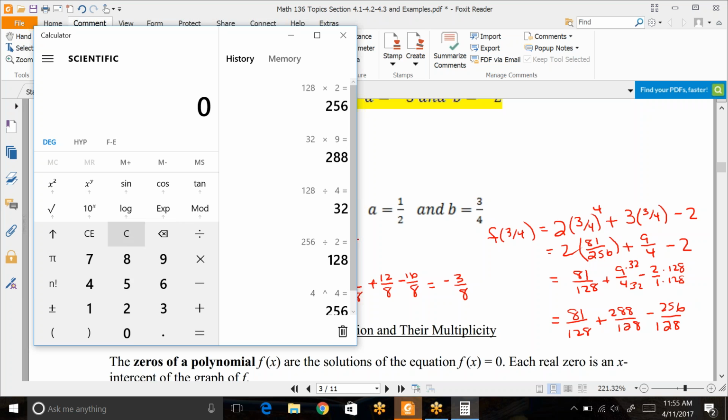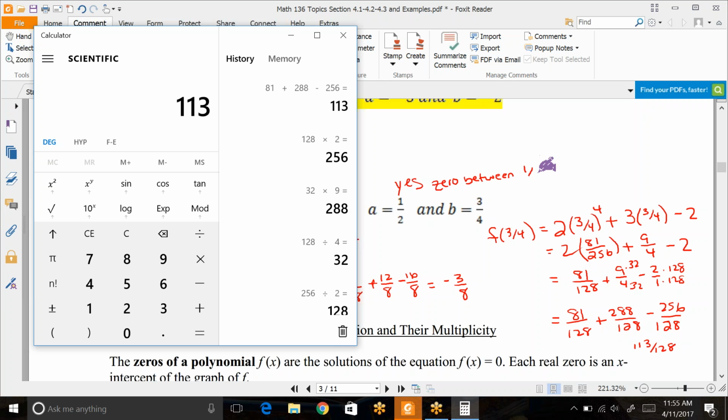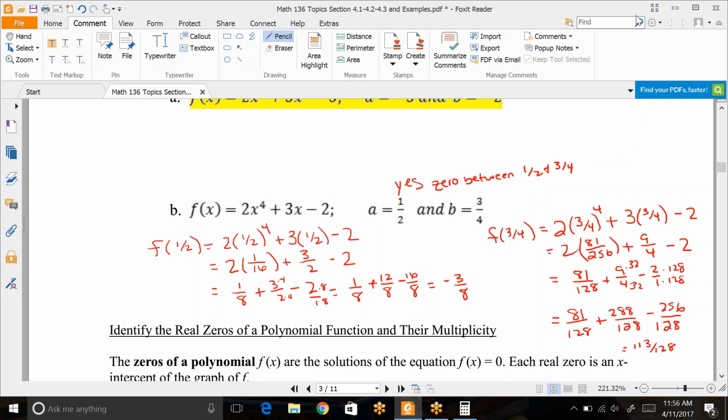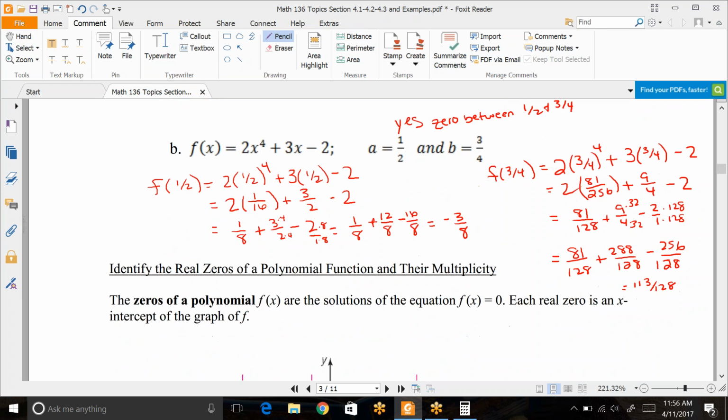So if we add across the top, that is 81 plus 288 minus 256, which is 113 over 128. So yes, there is a 0 between 1/2 and 3/4. Since this was a negative y value and this was a positive y value, by the intermediate value theorem, we have crossed the x-axis between these two values. So that is what that theorem is all about.